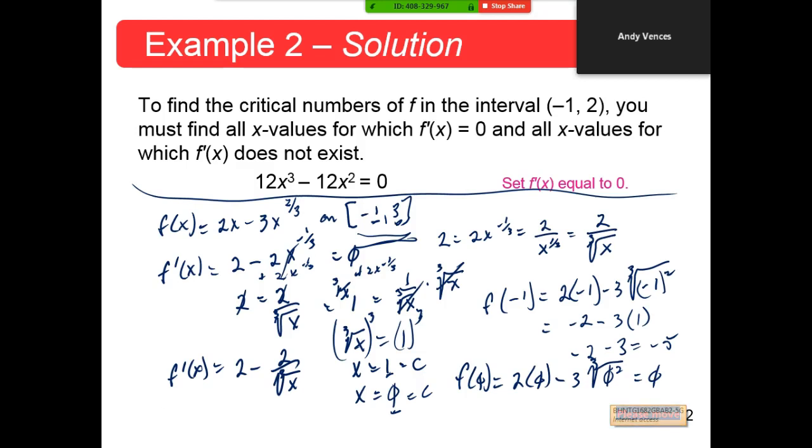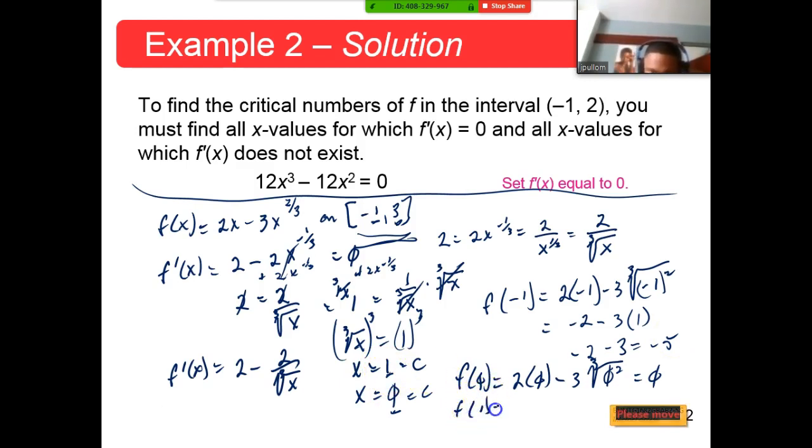Okay, now, so we have a potential maximum here, a potential minimum there. Let's continue. Next would be f of 1, your second critical number. And this will be 2 times 1 minus 3 times the cube root of 1 squared.